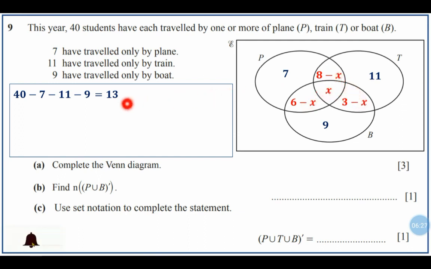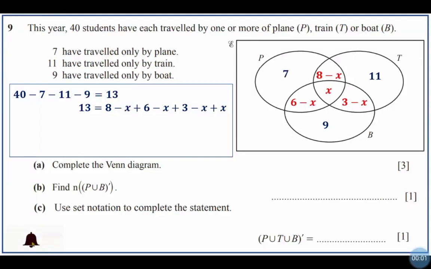So you'll just add everything: 8 minus x, 6 minus x, 3 minus x, and x. You add them all together and it is equal to 13. We will just combine similar terms on the same side of the equation. So x plus x minus x is equal to x plus 6 plus 3 minus 13, because we move negative x, negative x to become plus x, and positive x becomes negative x.